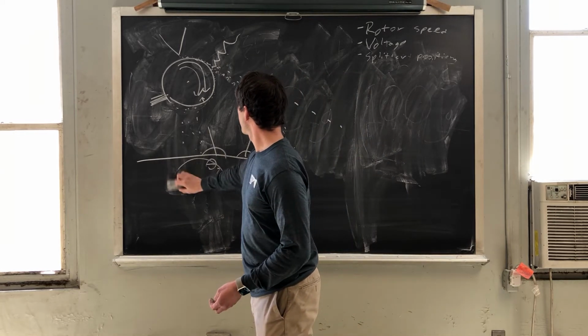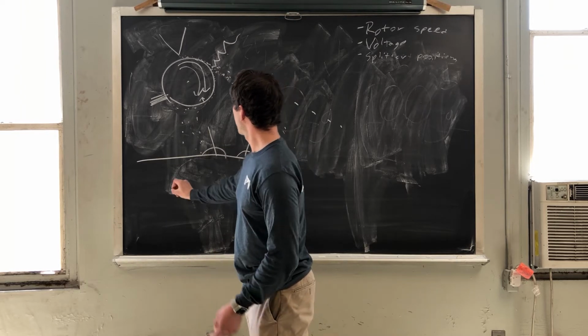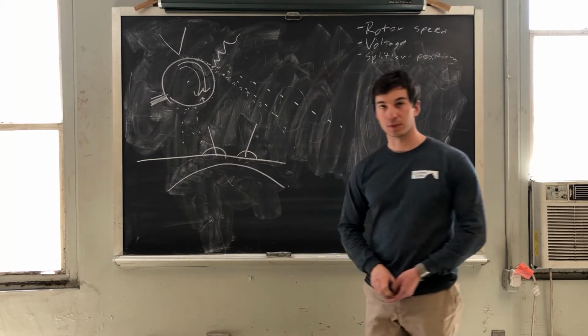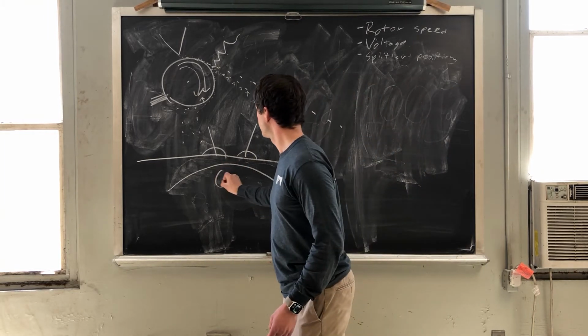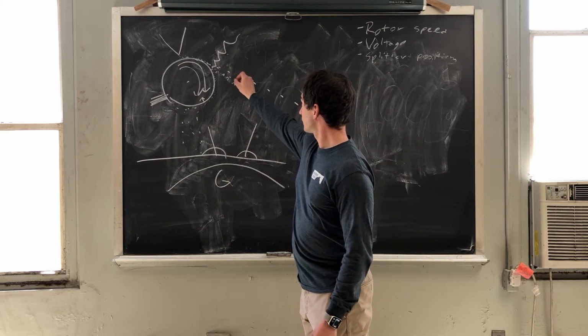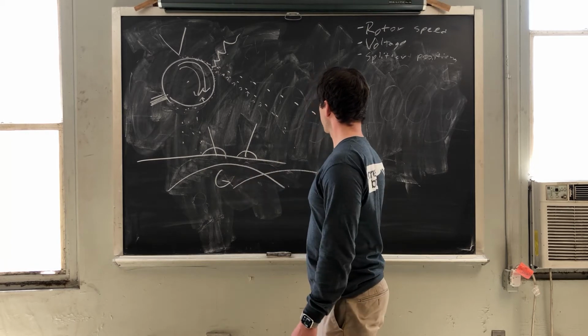With a higher rotor speed, you're going to get a wider distribution of the gangue material. And your titanium also gets thrown further out.